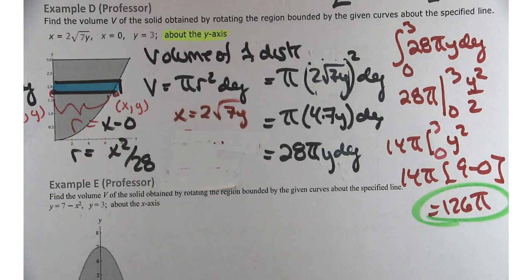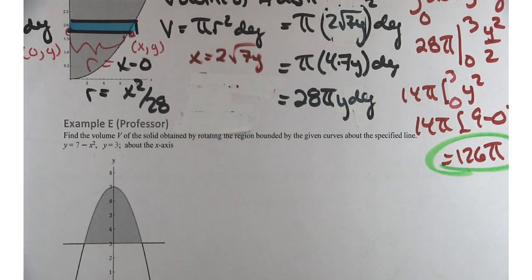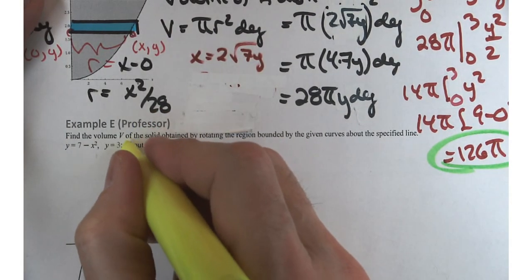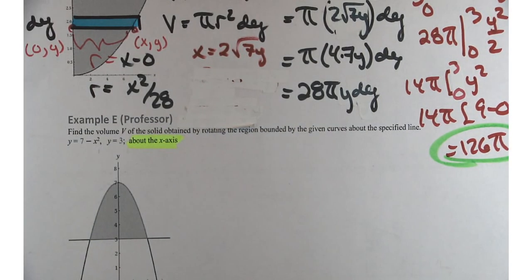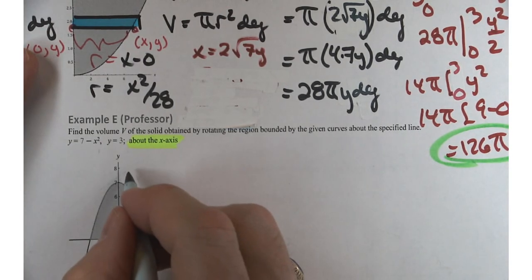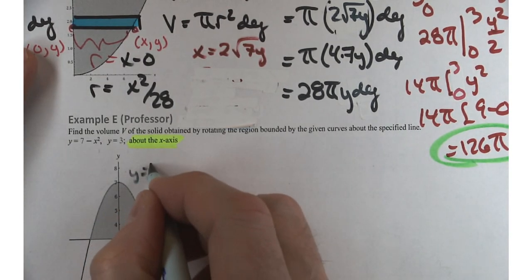Okay, so let's move on to example E, where we're going to continue to work with these volumes of solids of revolution. We're going back to rotating around the x-axis. This time we've got a couple different functions. We've got y equals 7 minus x squared.